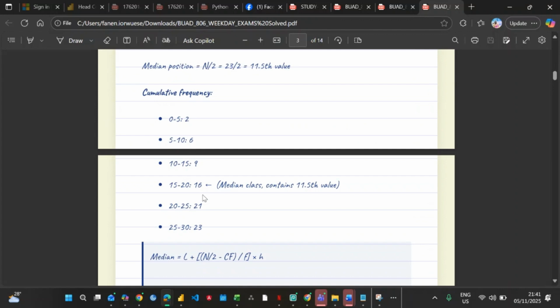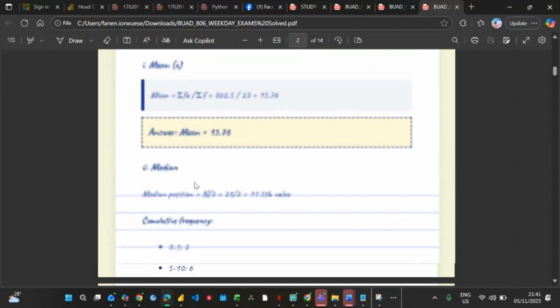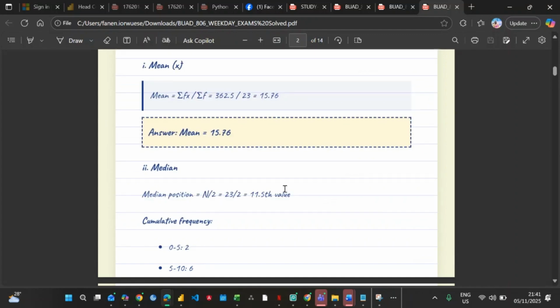Let's look at the cumulative frequency: 2, 6, 9, 16. The 16 is where 11 is. 9 cannot give you 11, but 16 can give 11. So that is why we chose 15 to 20, because that is where we got 11.